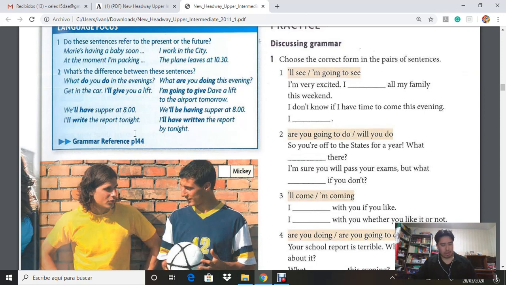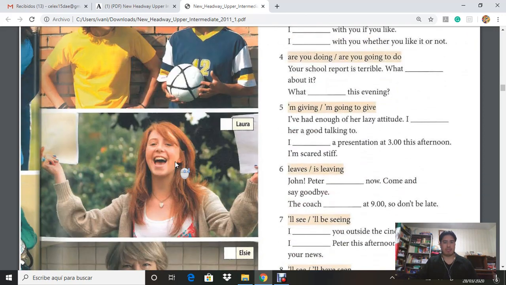In this case, we are using future perfect to express an action that must be completed before a deadline, in this case tonight. Well, guys, if you want to check more examples of these different types of future, you can go to page 144 and there you can find more examples.